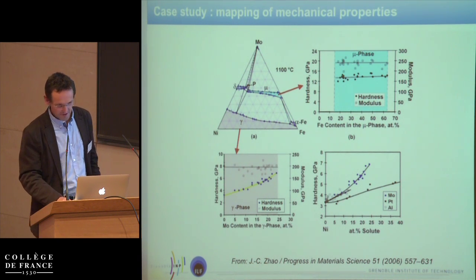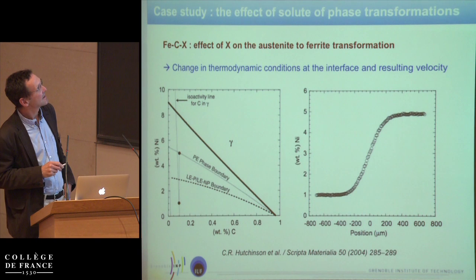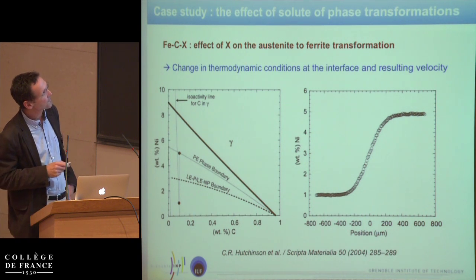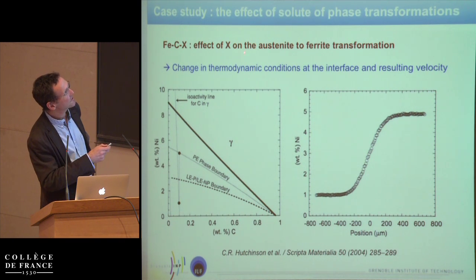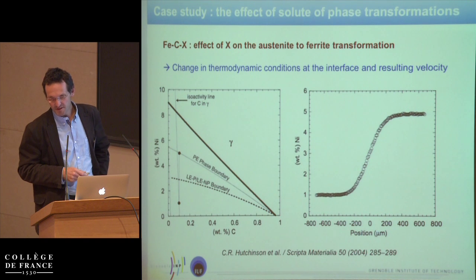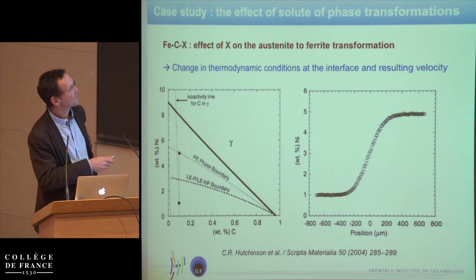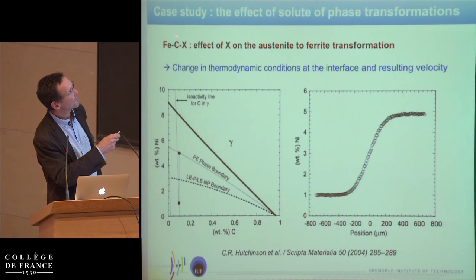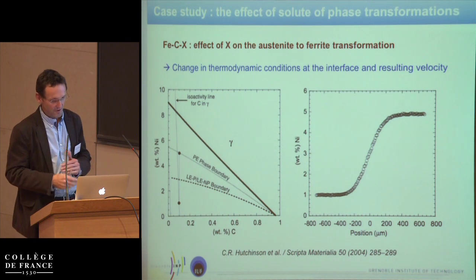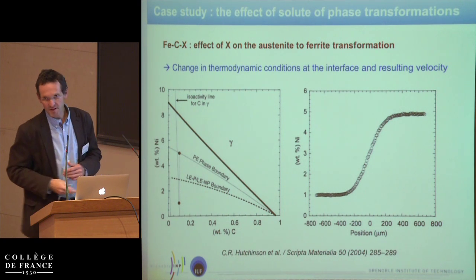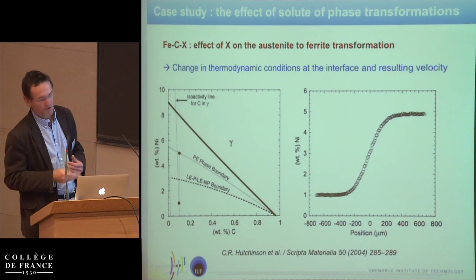Now, my talk is more on microstructure. So I'll give a few examples on microstructures now. And so here it's an example taken from Chris Hutchinson's work. The idea was to look, in steels, at the effect of metallic additions on the austenite to ferrite transition, where the transition depends mostly on the kinetics of the carbon partitioning between the two phases, which is very fast.